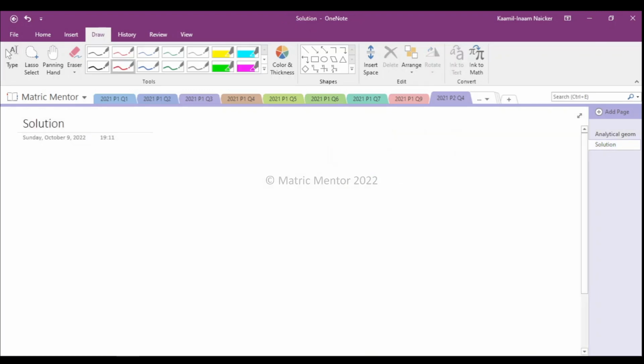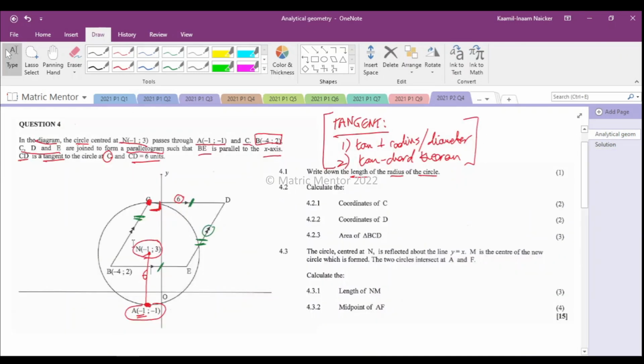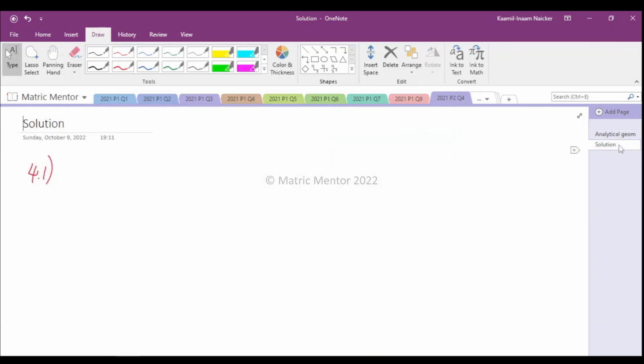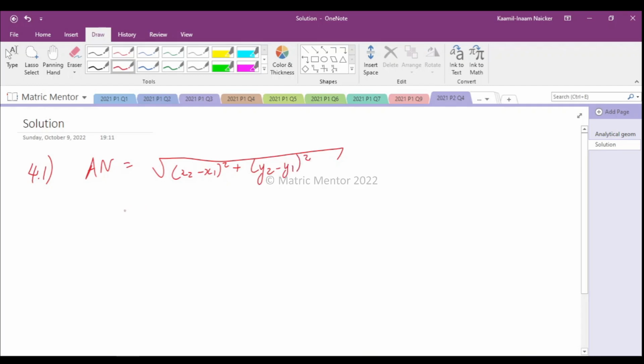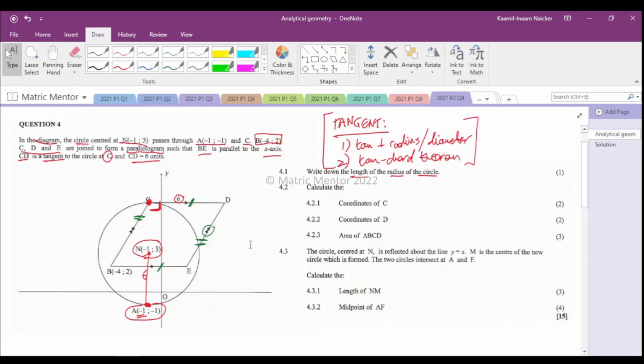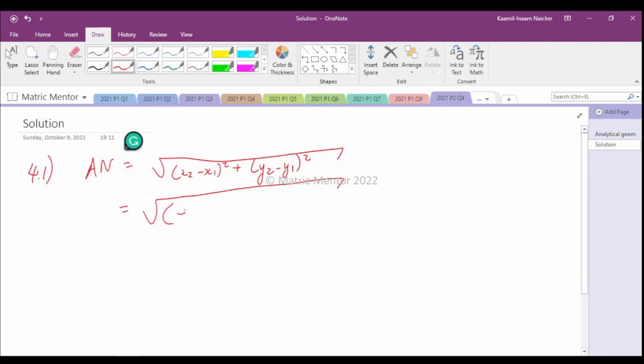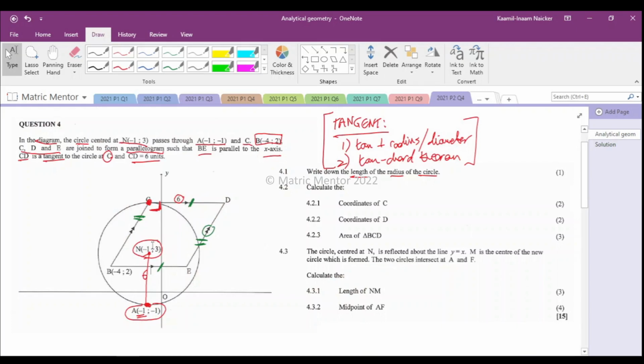So let's go and solve 4.1 first, okay? So I want to know what is the length of AN, okay? So AN is equal to the square root of (x2 minus x1) all squared plus (y2 minus y1) all squared. So that gives me, so we can go back to the diagram. Remember, it's (-1 minus -1), which is just (-1 plus 1) all squared, plus, and let's subtract the y values, (3 minus -1).